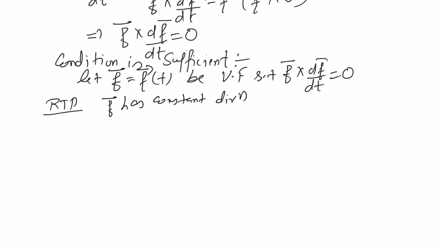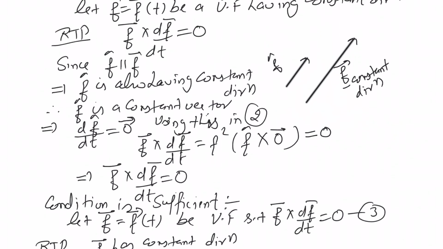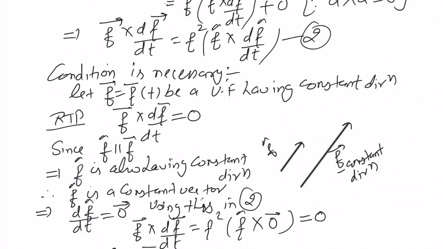Since this is 0, you may name it as equation number 3. So using 3 in equation number 2, this thing is 0, so this is also 0.